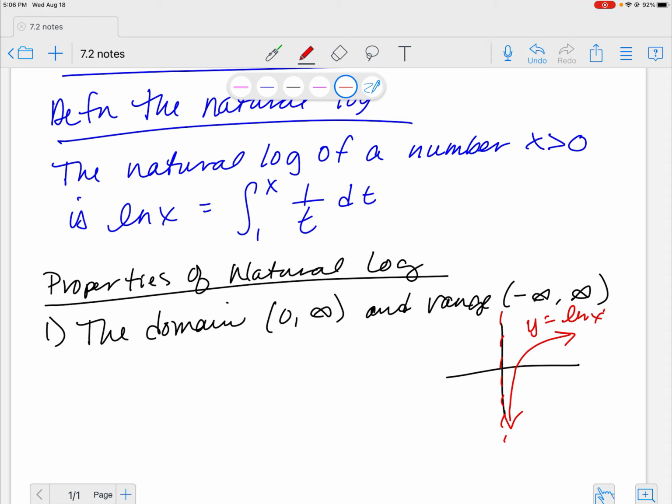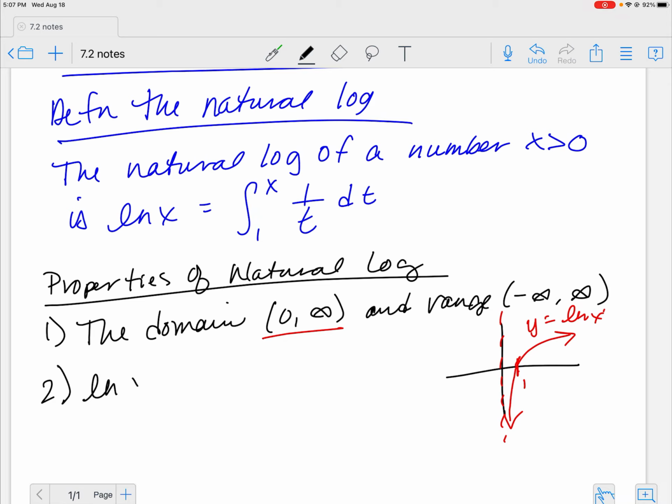That's good to know. It's always good to know the basics of graphs, right? So here's the basic graph of our natural log, or any logarithmic function for that matter. This crosses at 1, because it always does. And then I have that asymptote, and that's why I'm going from 0 to infinity, but 0 is not included because there's an asymptote there, so that's why it's a parenthesis. All right, there's our domain and range.